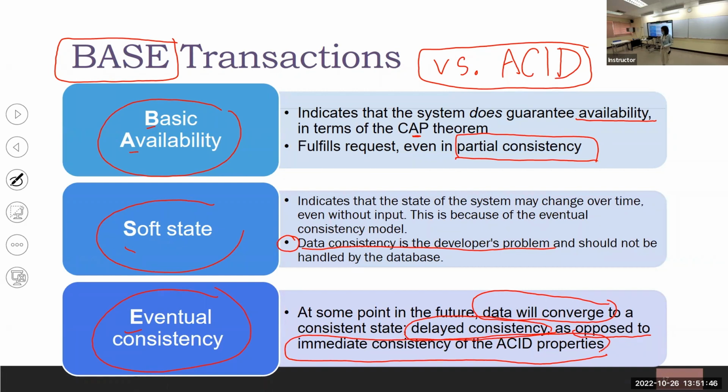As I already mentioned, ACID imposes a very strong consistency model. Once the transaction completes and the update is confirmed to you, it means all the nodes already have the consistent value of what you have changed in your data system. Okay.